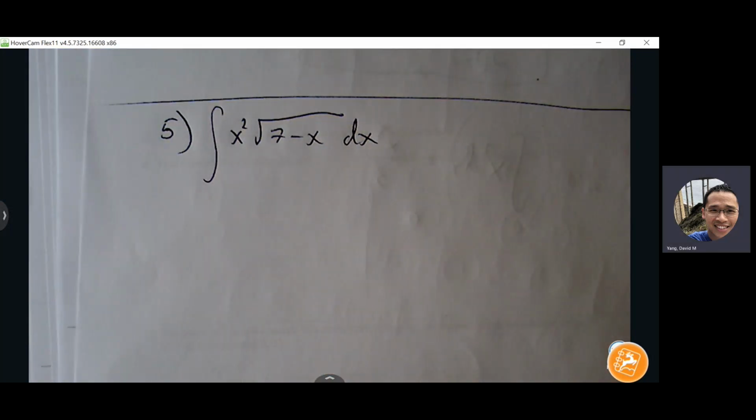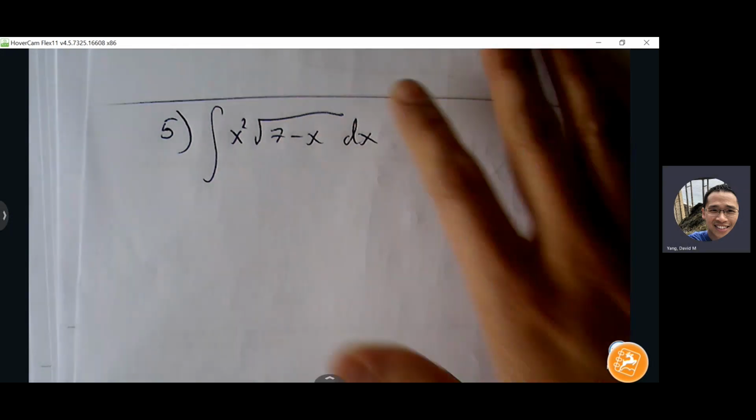You try to expand, you can't expand, you're stuck, you gotta go through u substitution, right? You rewrite it using parentheses.